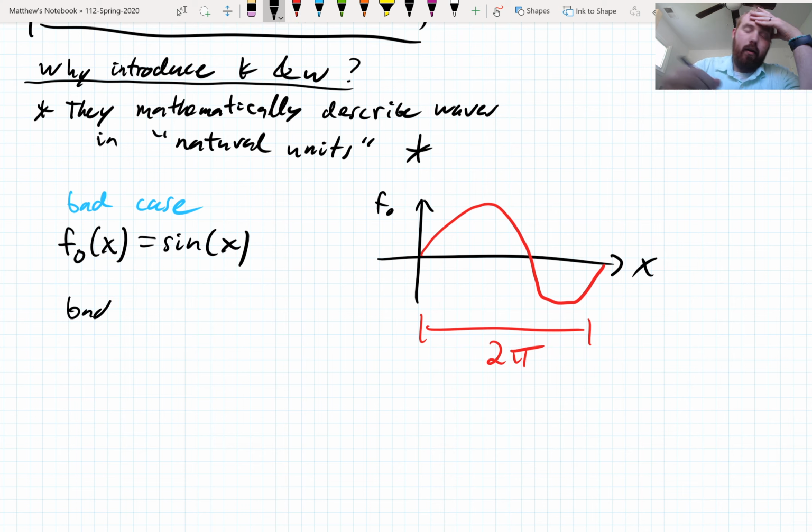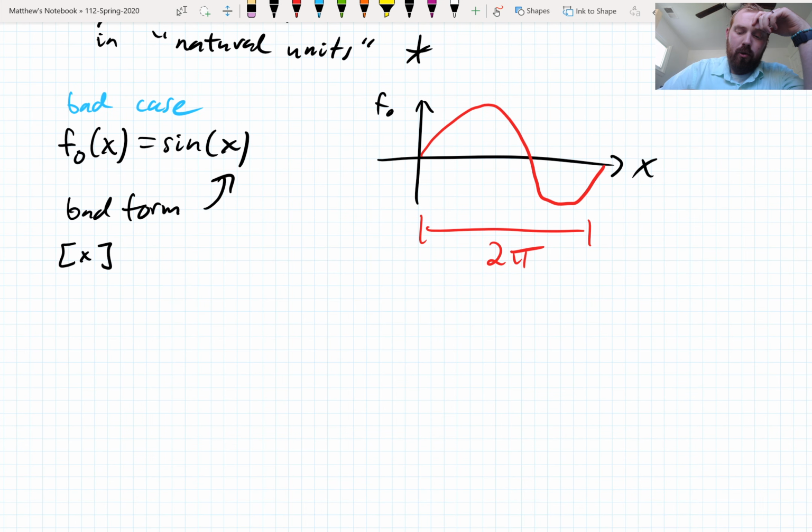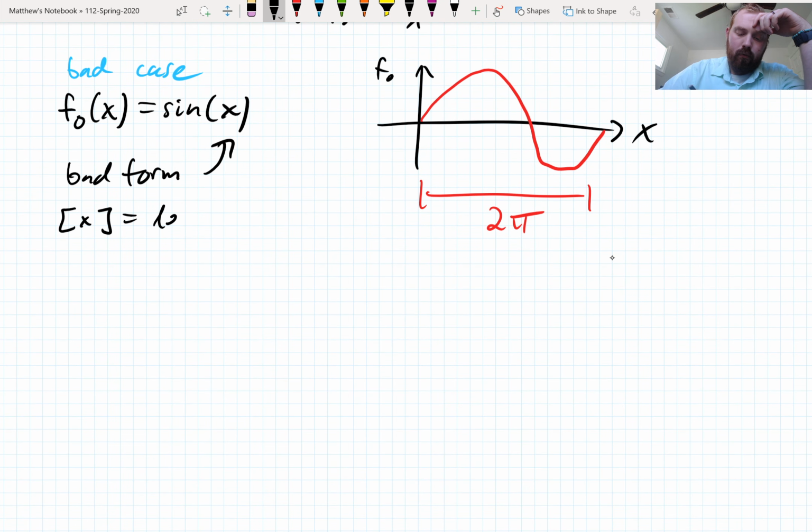But I'll say this is just bad form, terrible form. When we're doing physics problems, x normally has units of length. But sine hates operating on things with units. In fact, sine must have dimensionless quantities.